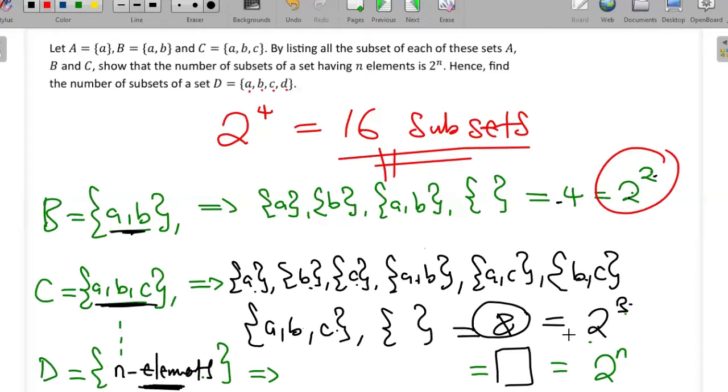Yes, for this question, yes. It depends on the type of question. For this one, yes, it's mandatory because we are trying to prove that a set with n elements has 2 to the power n subsets. You are finding the number of subsets that the set has, and then expressing it as 2 to the power something. So it's a must here.